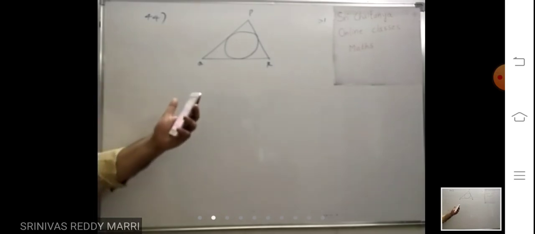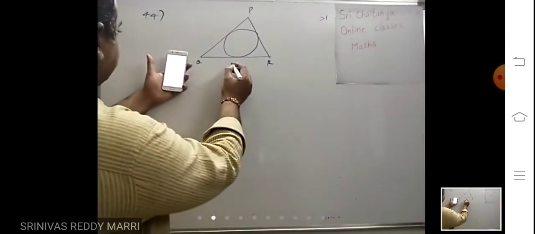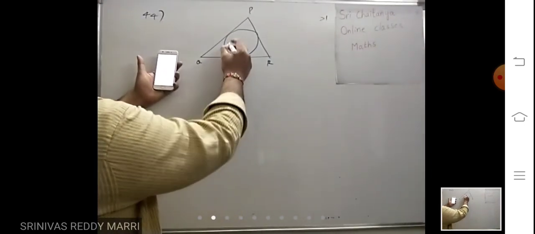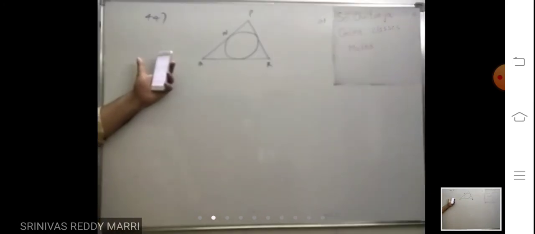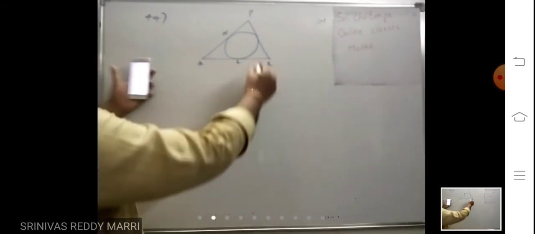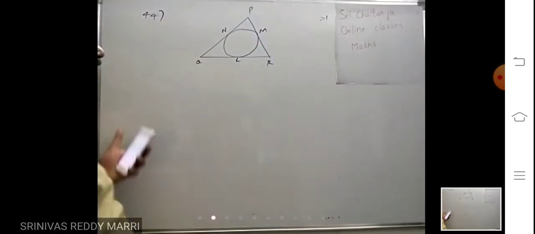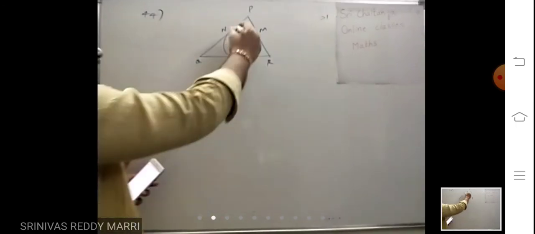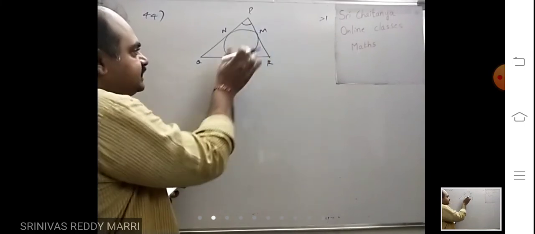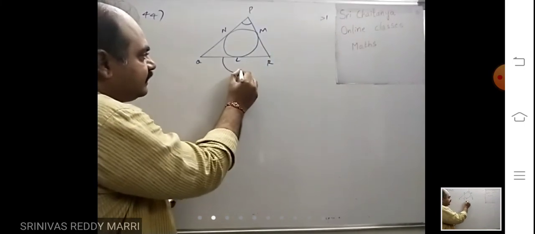Further, this incircle touches PQ at N, QR at L, RP at M, like this. The circle is touching the sides at those points. Now, given that this is the largest angle, so this will be the largest side.